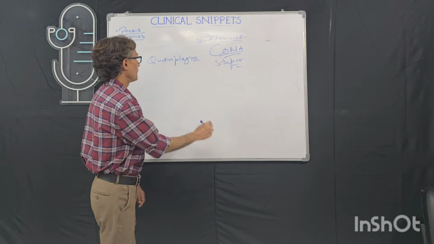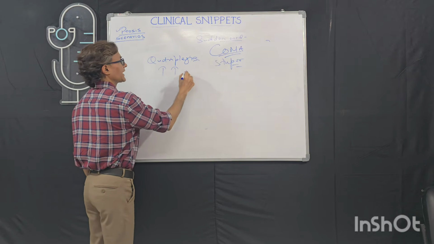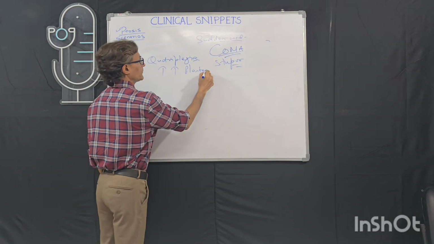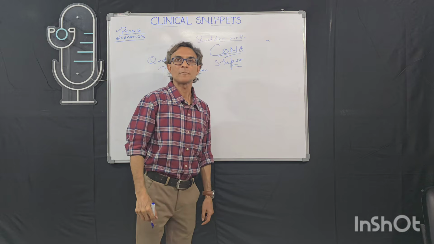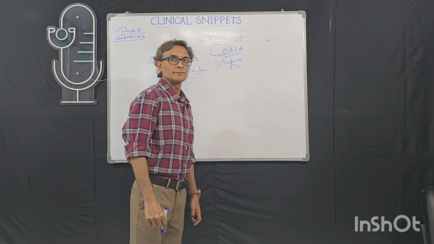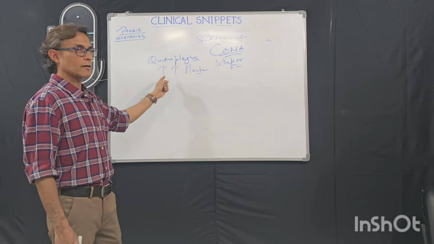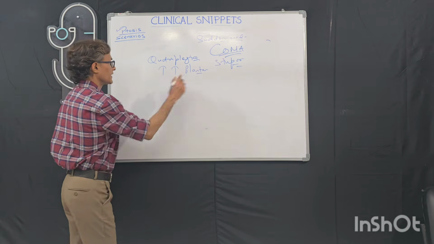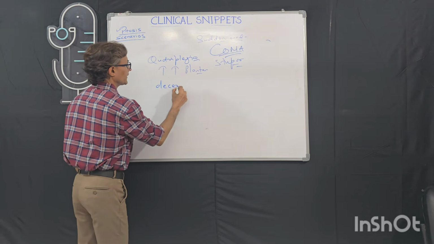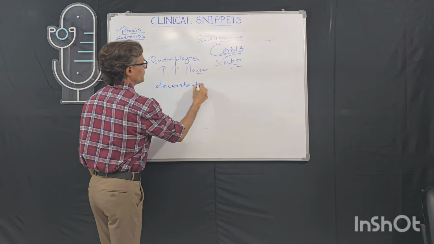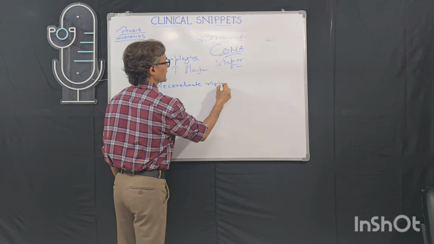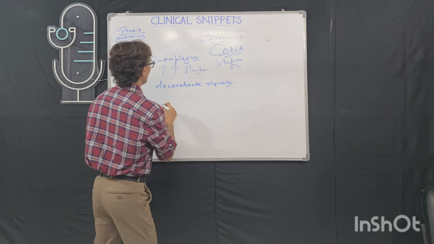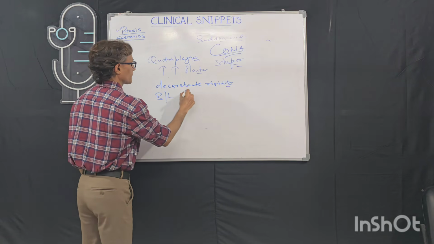Quadriplegia is present. Bilateral long tract signs, plantars are bilateral extensor. Decerebrate posturing, decerebrate rigidity, bilateral ptosis.